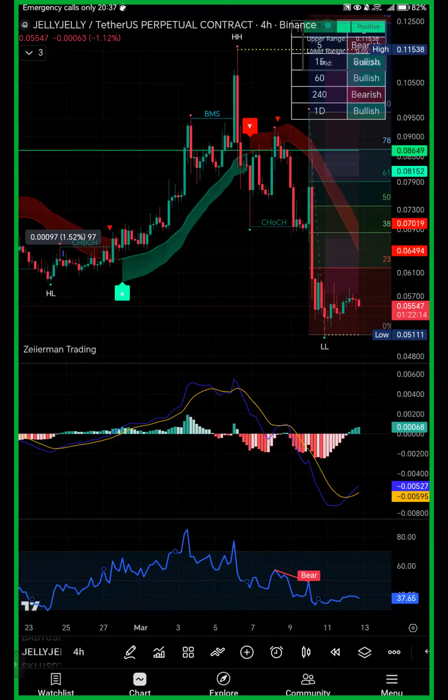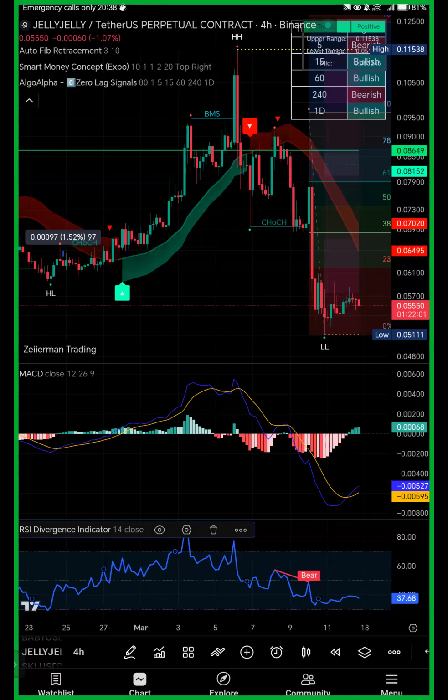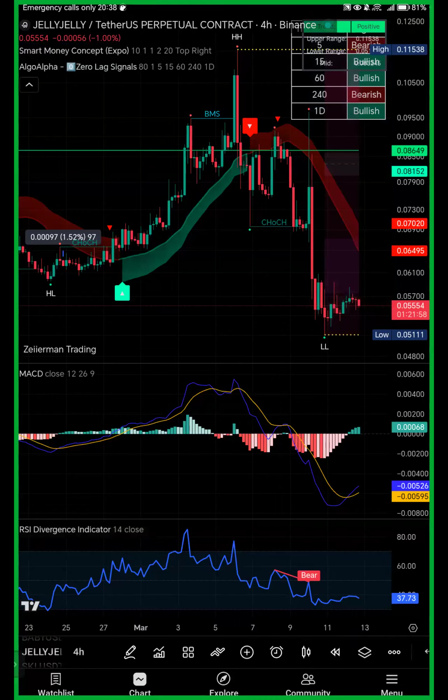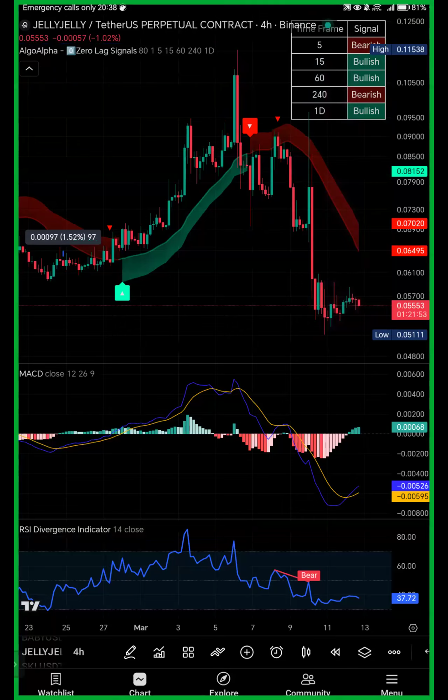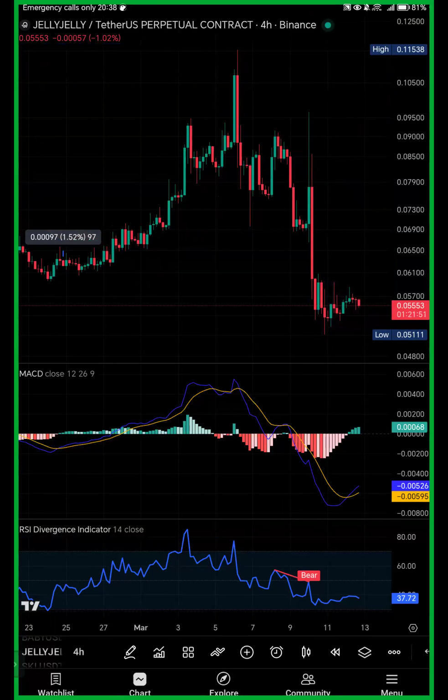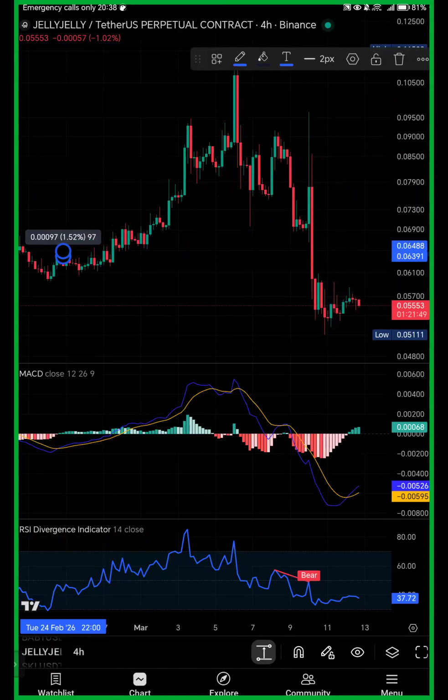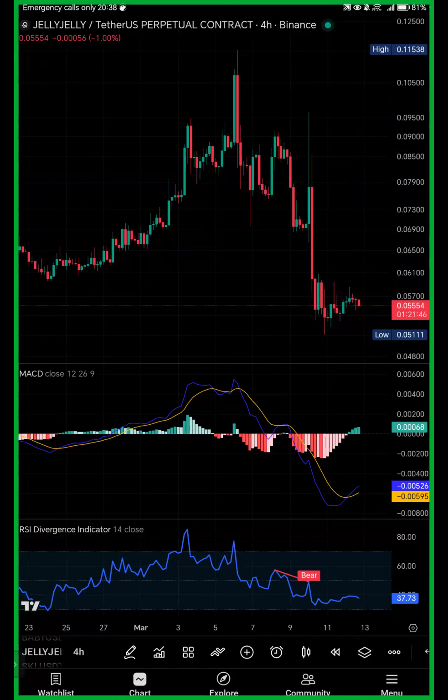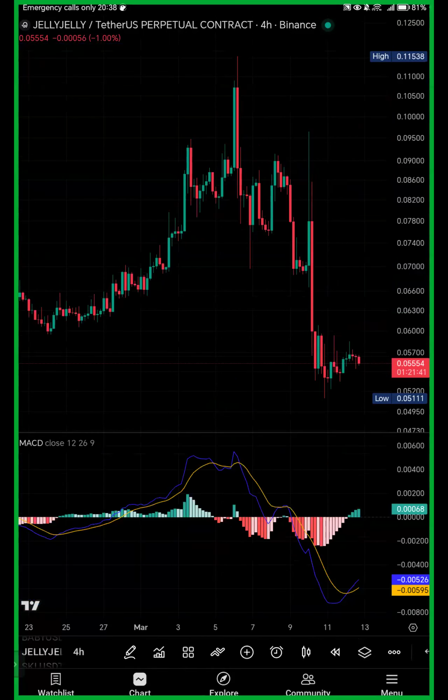I've got so many indicators here, and I don't want people to get confused. Let me take them out. I'm going to only have one indicator that I want us to have a look at, and I'm going to remain with this one.